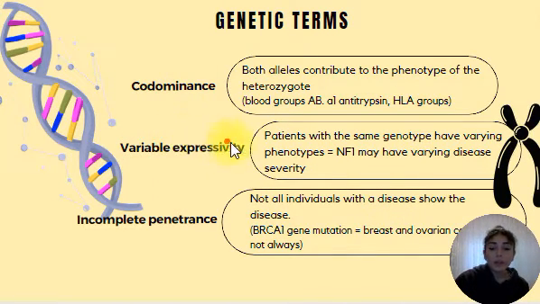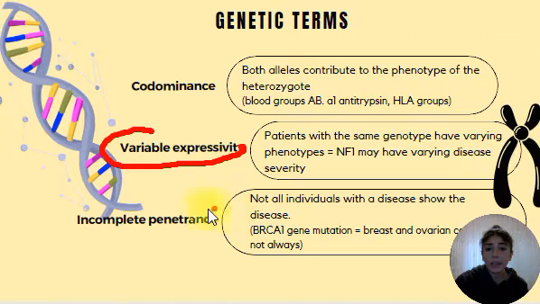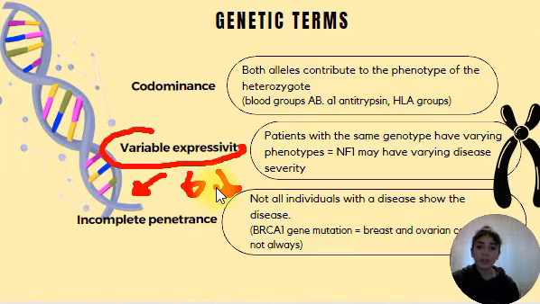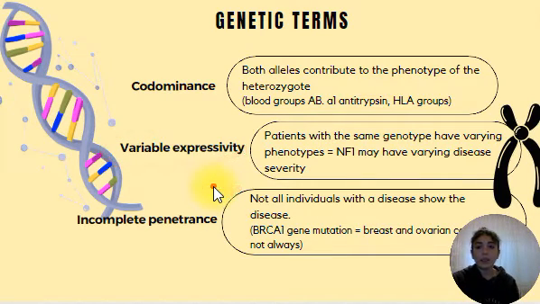Then variable expressivity is actually when everyone in the family, like all children, have the disease but with varying presentation of the disease. For example, neurofibromatosis, lesion in your eyes.